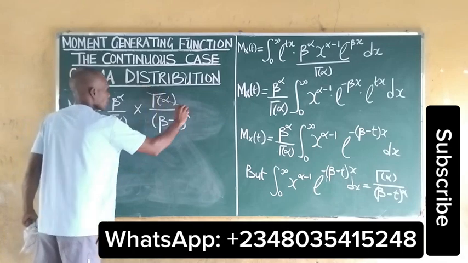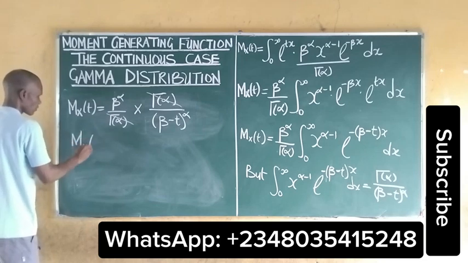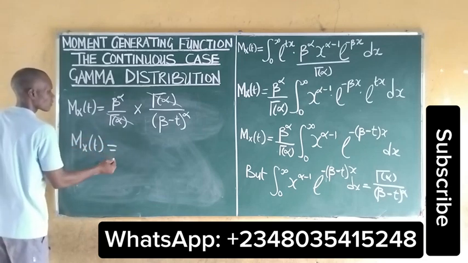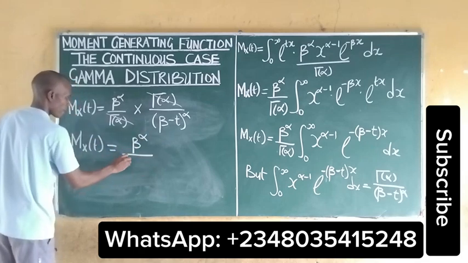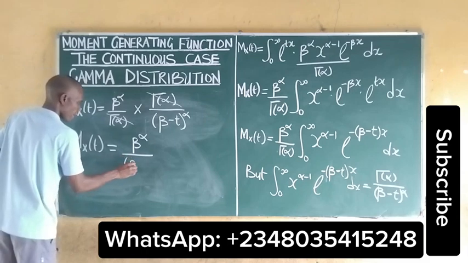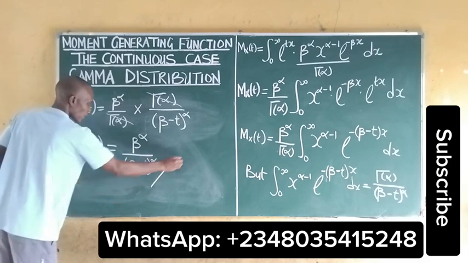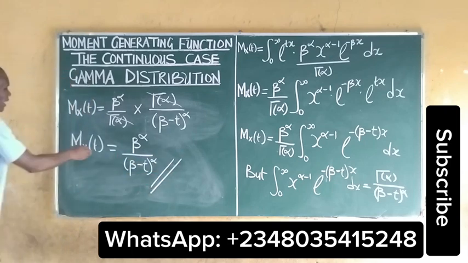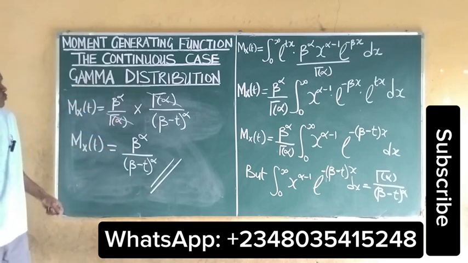Of course, this will cancel this. So our moment generating function will give us beta all over beta minus t, all to the power alpha. So this is what we get as the moment generating function for the gamma distribution.